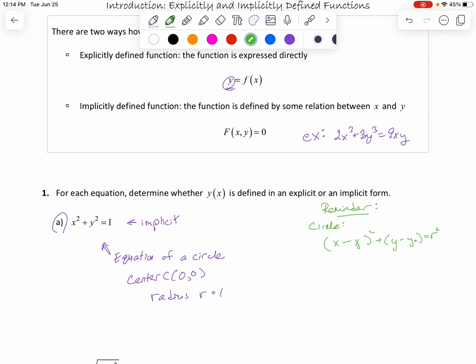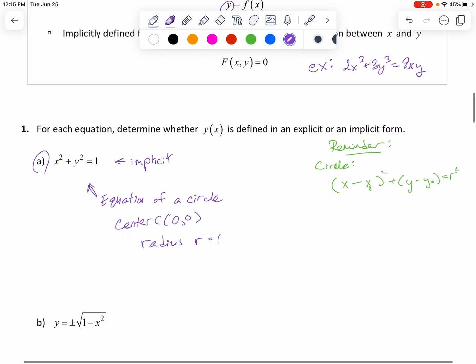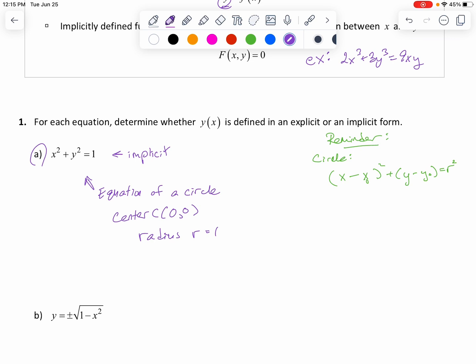So this is, in fact, a circle with radius 1. If I want to make it explicit, I could solve for y here. And if I do, I would get this. Now this equation is written explicitly.